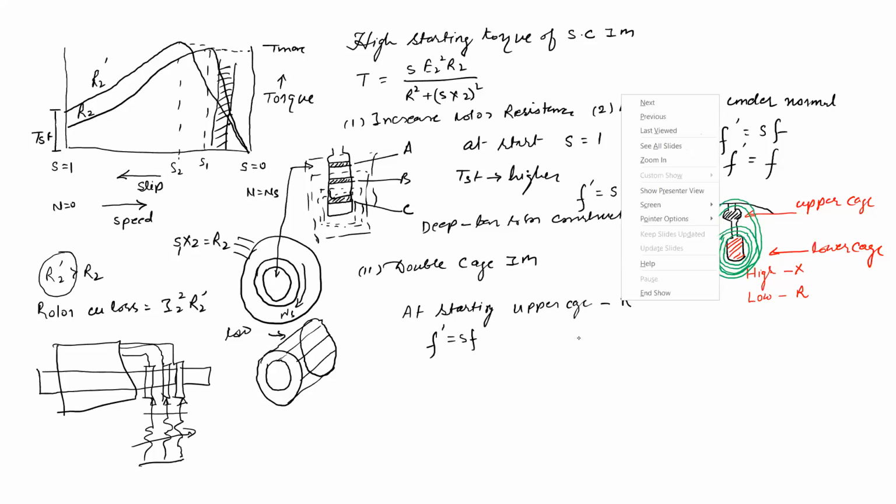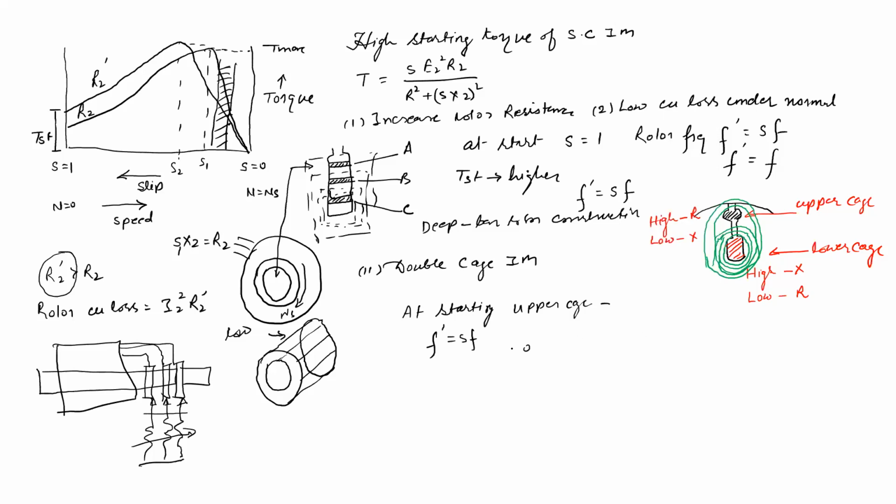Whereas for the lower cage, the reactance becomes very high because a large number of fluxes are there, and it offers the higher reactance.